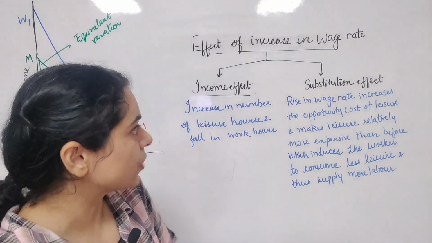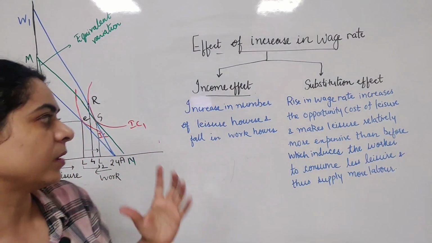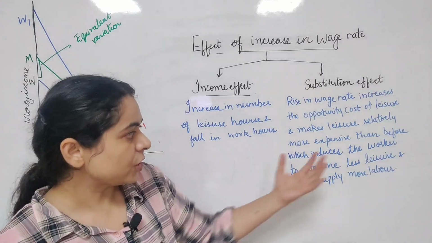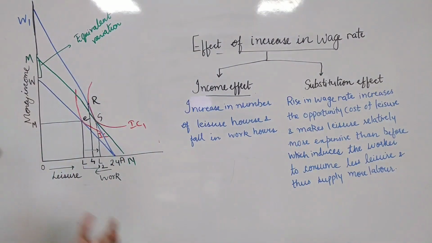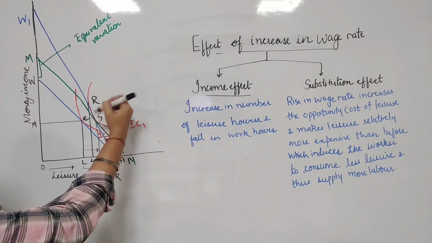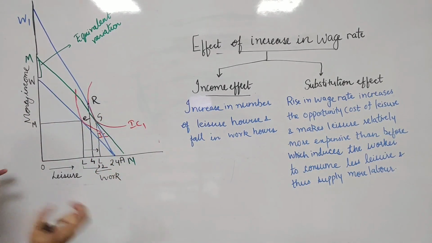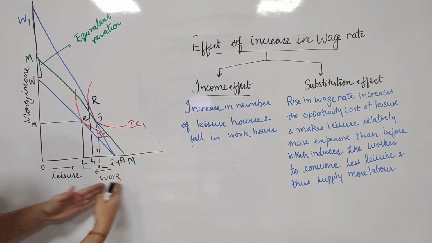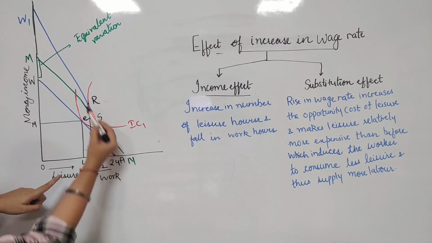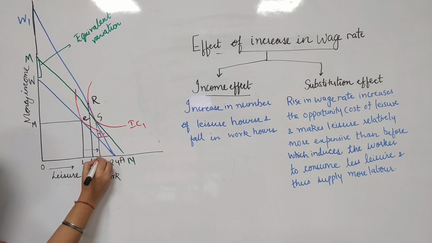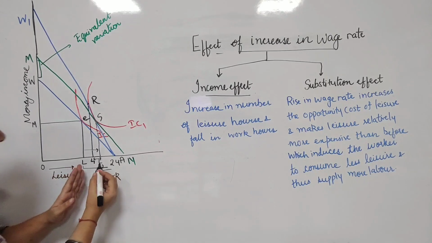On the other hand, due to the rise in wage rate, the opportunity cost of leisure increases and makes leisure more expensive than before, which induces the worker to consume less leisure and supply more labor. So due to the substitution effect, the individual will move from point S to point R, and now he will work more, increasing his working hours by L1L2.